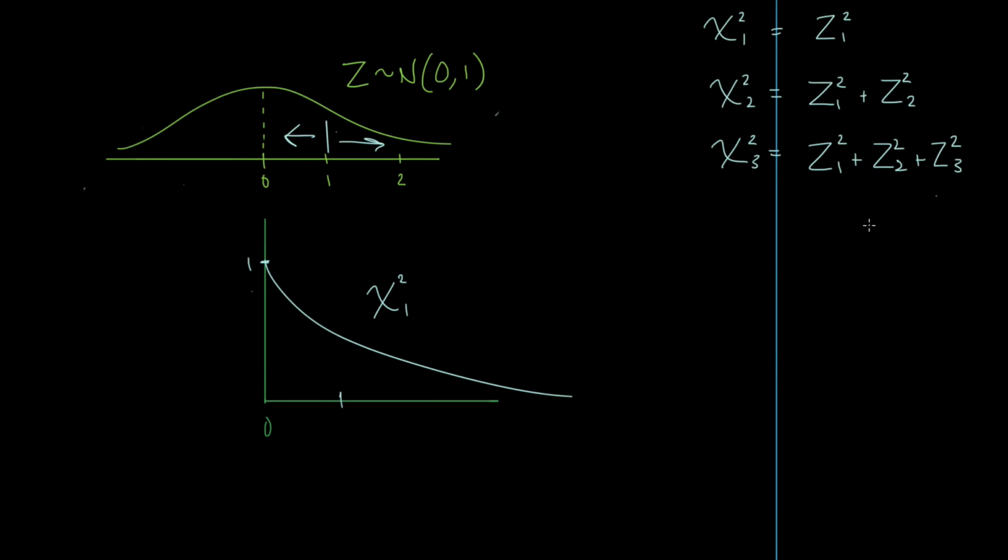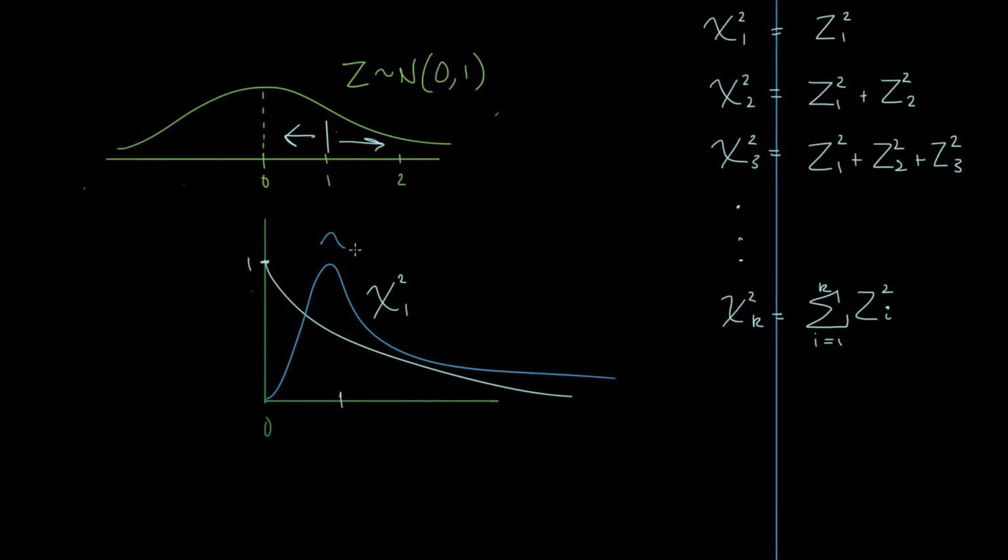And in general, if we want a chi-square with k degrees of freedom, we just have to take the sum of k squares of independently distributed standard normal distributions, which we can write with this summation notation here, the sum of Zi squared. Okay, and so the question is, what do these distributions look like? Well, even adding a second distribution is going to create an early peak. It's like this.